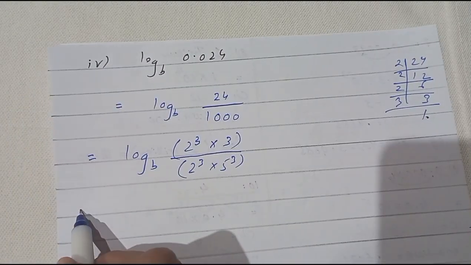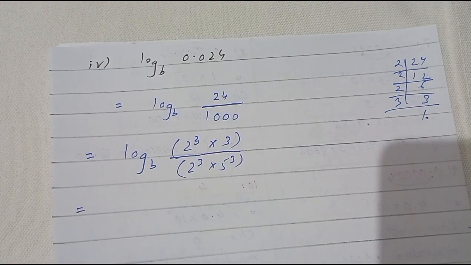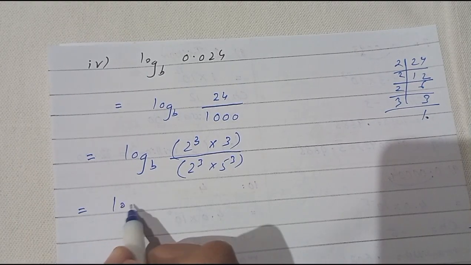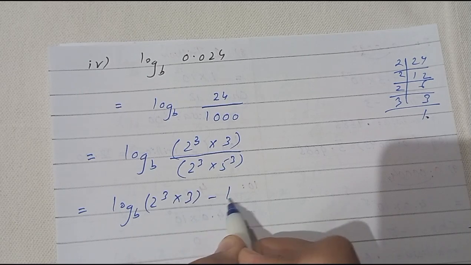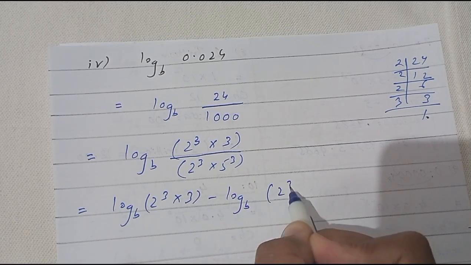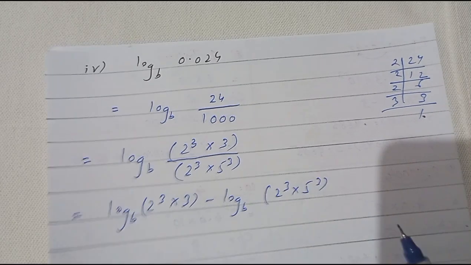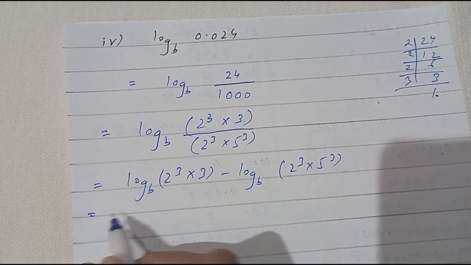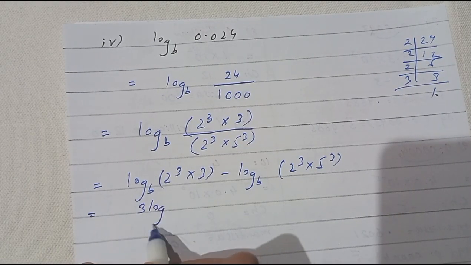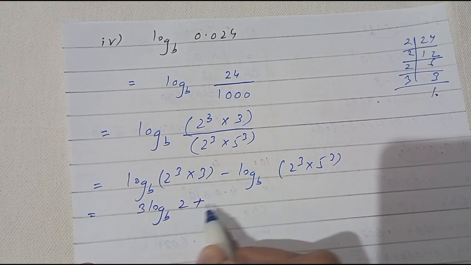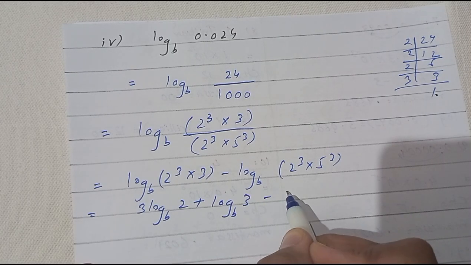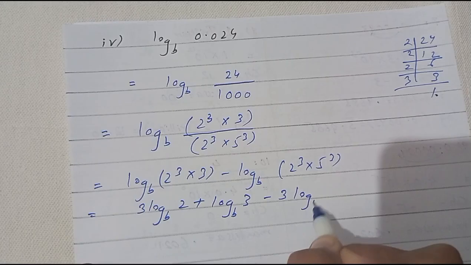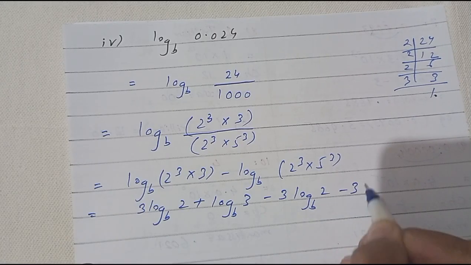Now applying quotient law, and now applying product law and power law, we get this. Minus 3 log of 2 minus 3 log of 5.